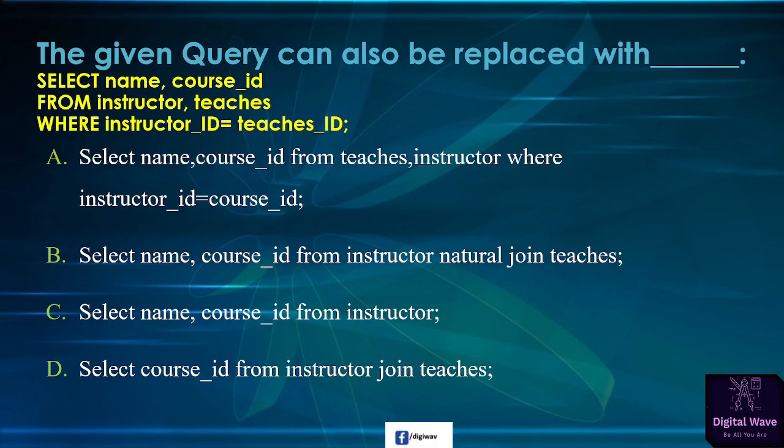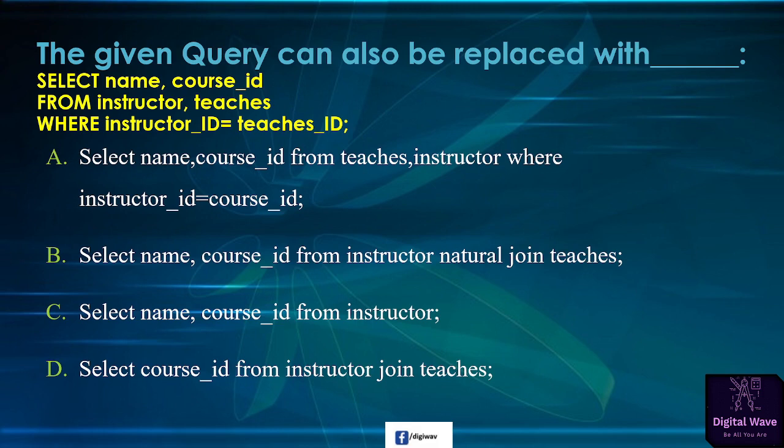Next question is, the given query can also be replaced with, so the query is select name, course ID from instructor, teaches, where instructor ID equal to teaches ID. So options available here, select name, course ID from teaches, instructor, where instructor ID equal to course ID.